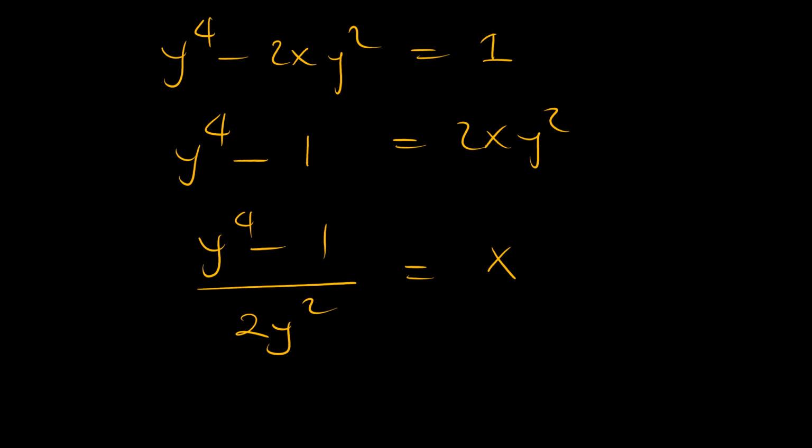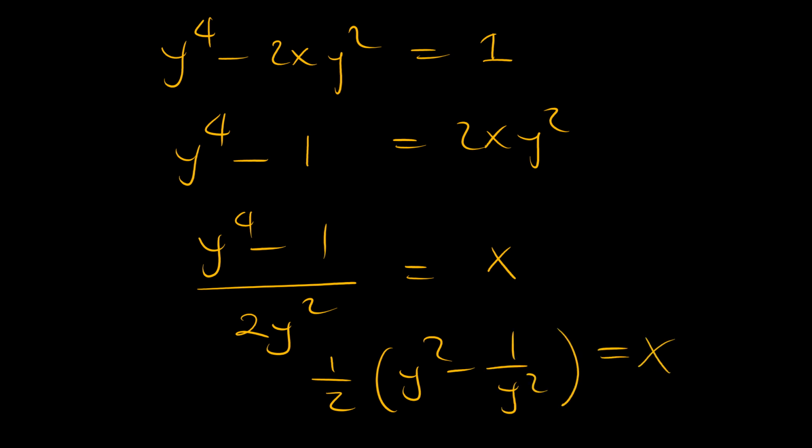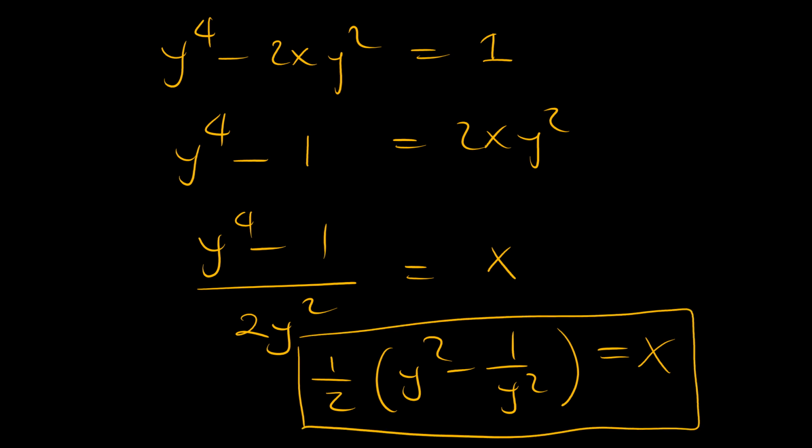Meaning that a half of y squared minus 1 over y squared is equal to x. Very important part as well.